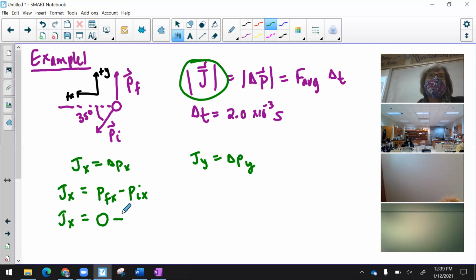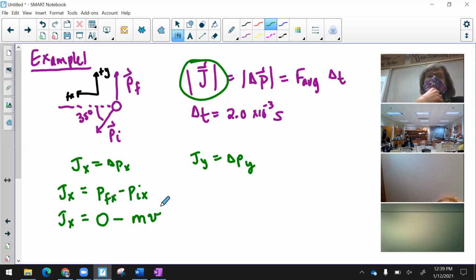And how do I find that? MV. It is just the 0.5 kilograms times negative 0.4 meters per second.